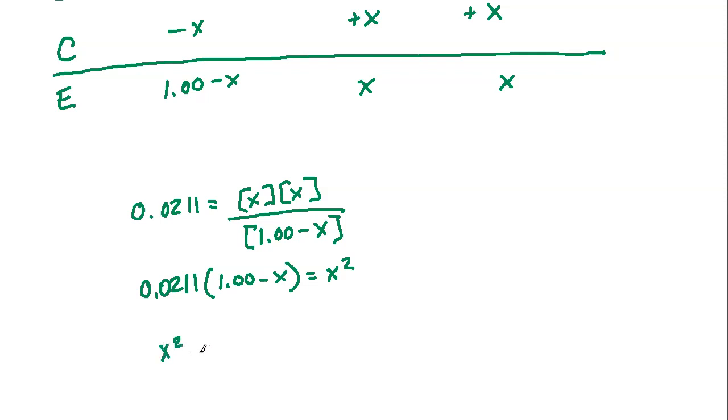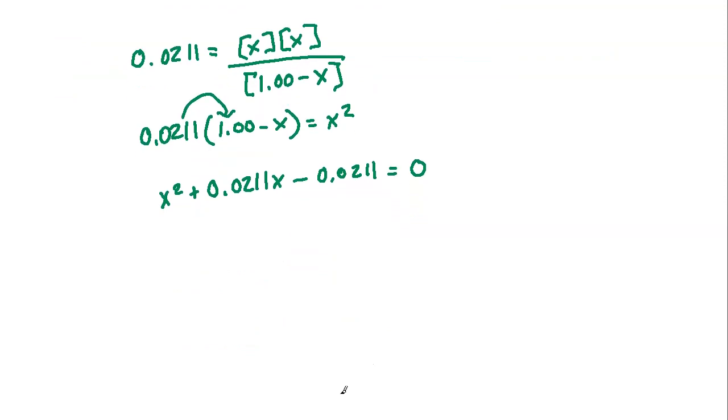So what it would end up as is x squared plus 0.0211x minus, because this would have been a positive value when you multiply by 1, and we're moving it to the other side, 0.0211 equals 0.